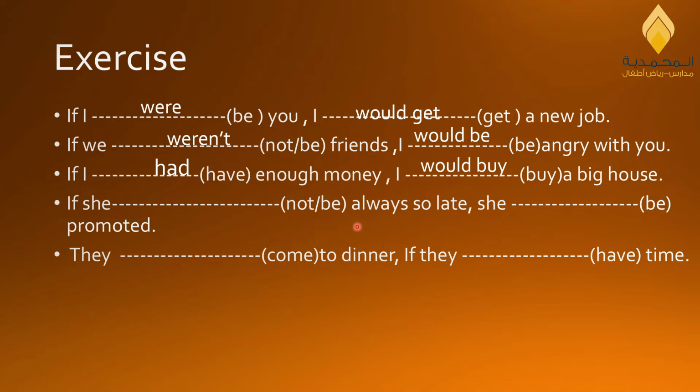Yes, wasn't or weren't always so late, she would be promoted. And as I told you, you are allowed to use wasn't or weren't, but weren't is actually more familiar. Okay? So you better use weren't.